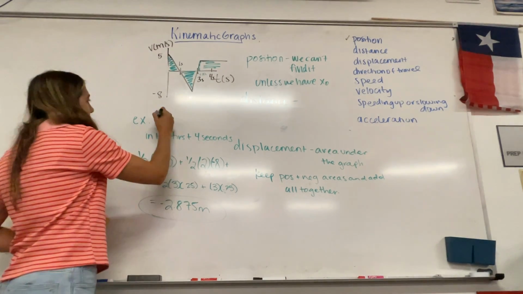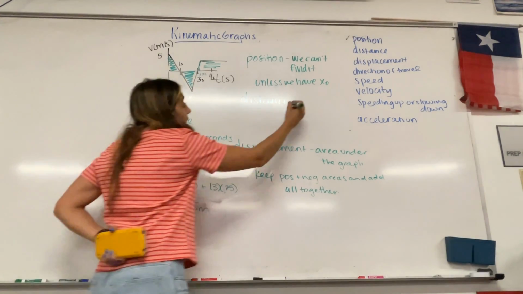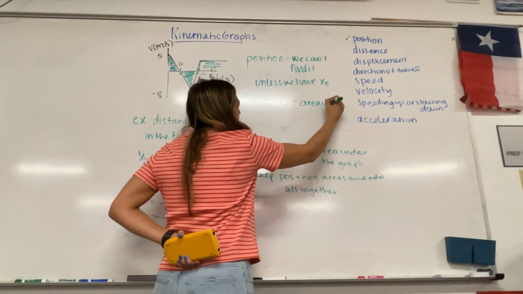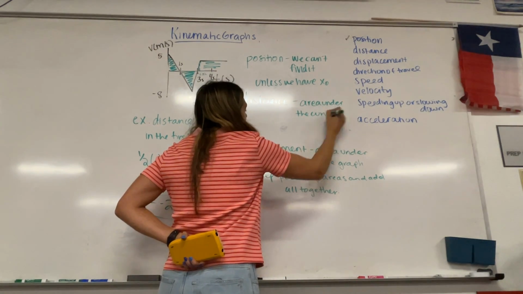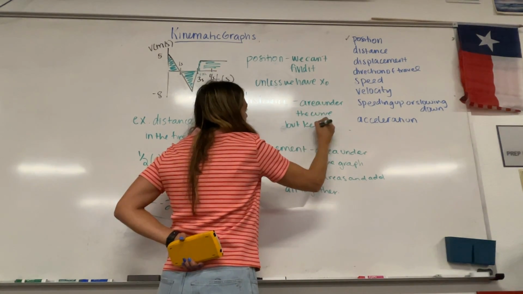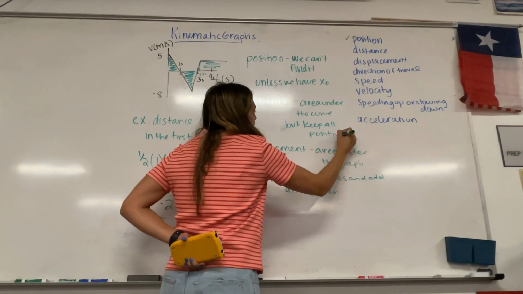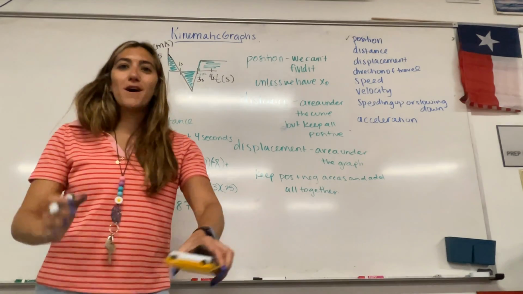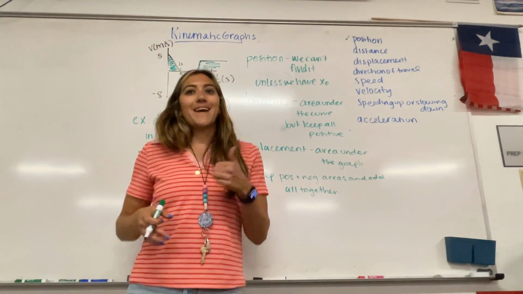For distance, it is, again, the area under the curve, but keep everything positive. You can think of it as the absolute value. I keep everything positive, because remember, distance doesn't care which way I'm going. If I traveled it, I did it.